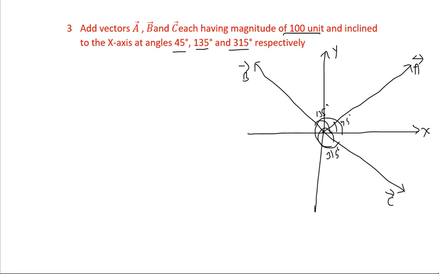Now to solve, we have to break it into its components along the x-axis and y-axis, so it's easy to solve. Otherwise it is somewhat difficult. So first, for vector a, we have to find the resultant along the x-axis and y-axis.